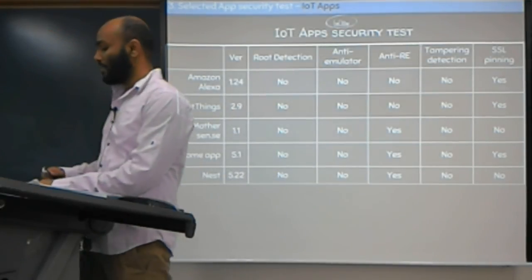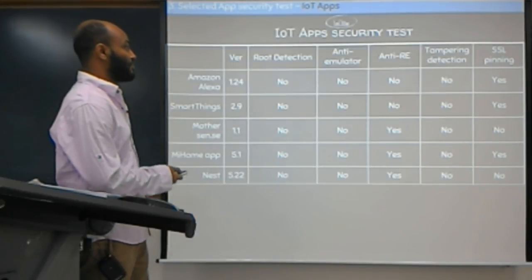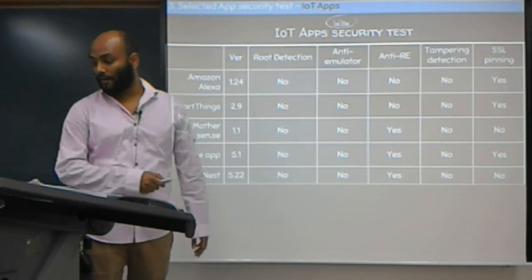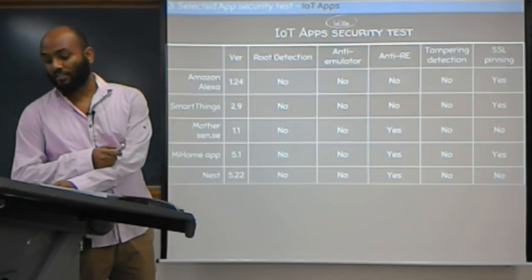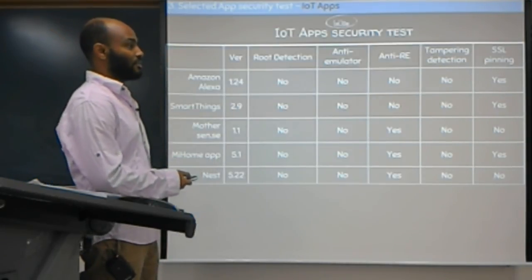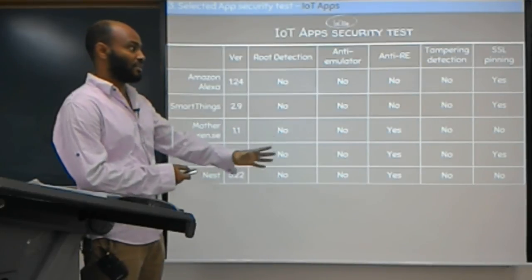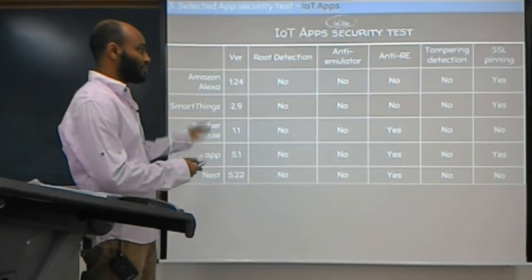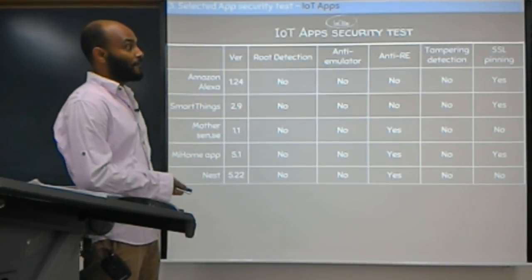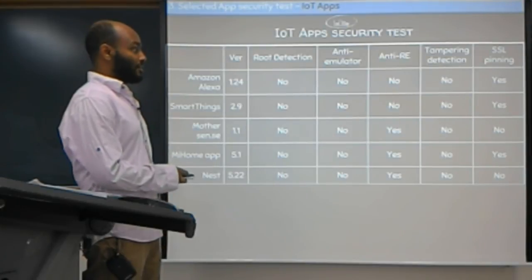By reverse engineering, I mean the obfuscation methods. For anti-tampering, I used static methods, maybe manual methods, like inserting some log code in the Smali code and rebuilding it and running it.